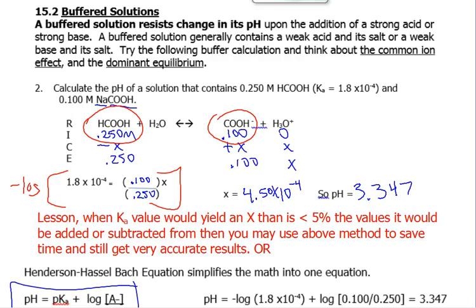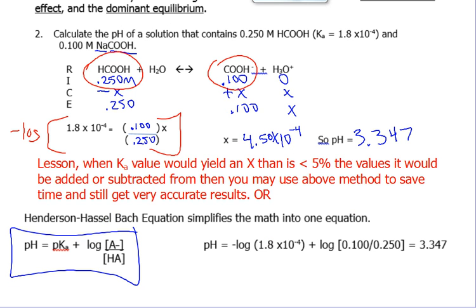Yes, Casey? So you said that only the acid and conjugate base? You have to have an acid and its conjugate base. There is the reverse of this equation, the base and conjugate acid version of it. It's not given on the equation sheet, but it pretty much looks like the same thing. I hope I get this right.